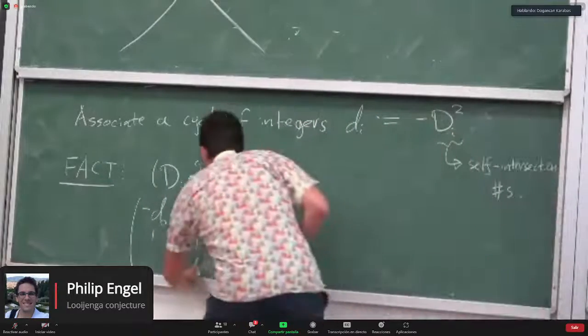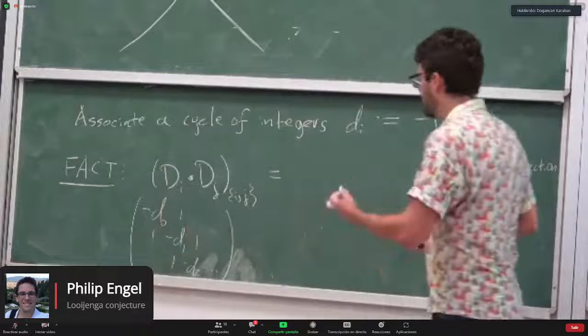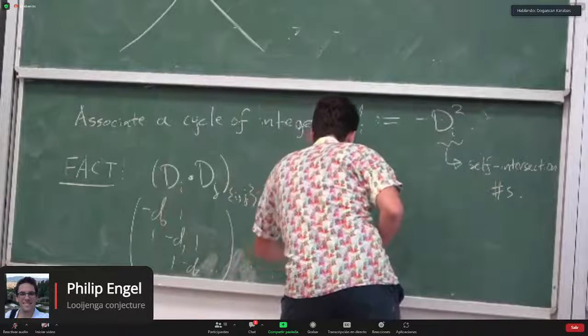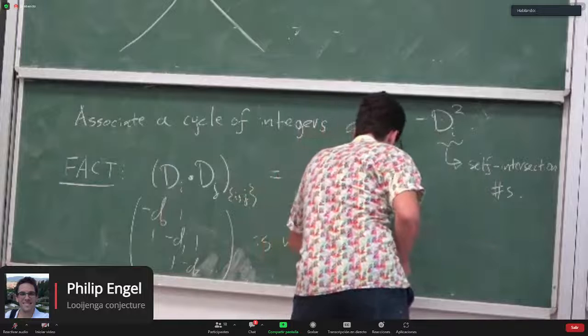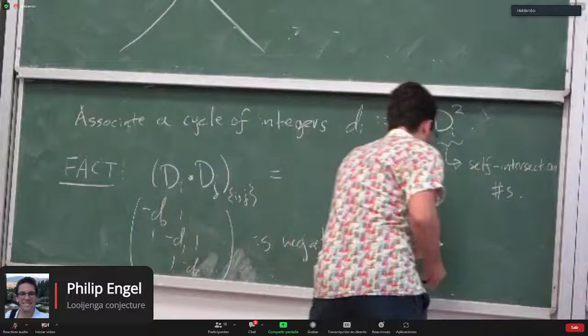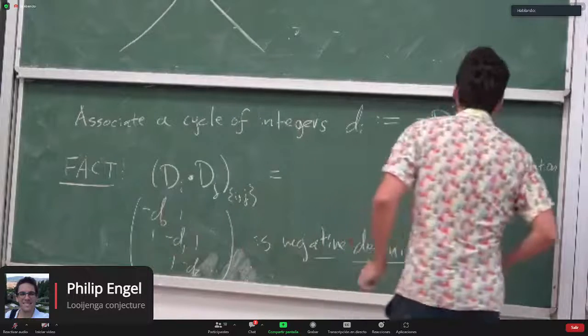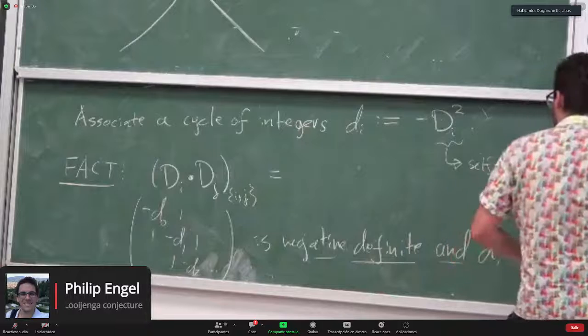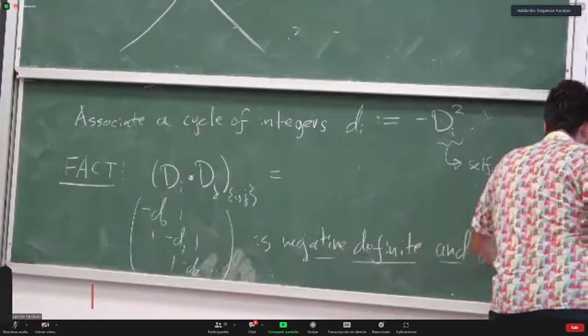And this matrix has to be negative definite. And furthermore, these di's do not ever equal 1.